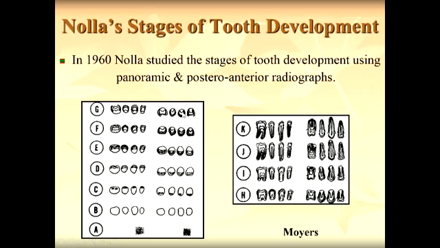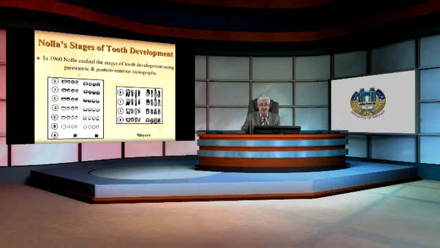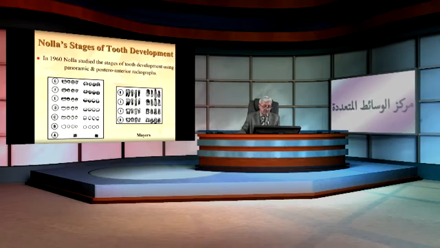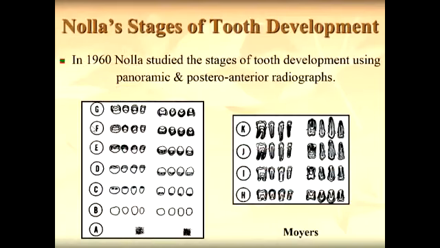Nolla's stages of tooth development. In 1960, Nolla studied the stages of tooth development using panoramic, posterior, and anterior radiographs, and we can see here the stages from A to G of eruption and crown calcification.